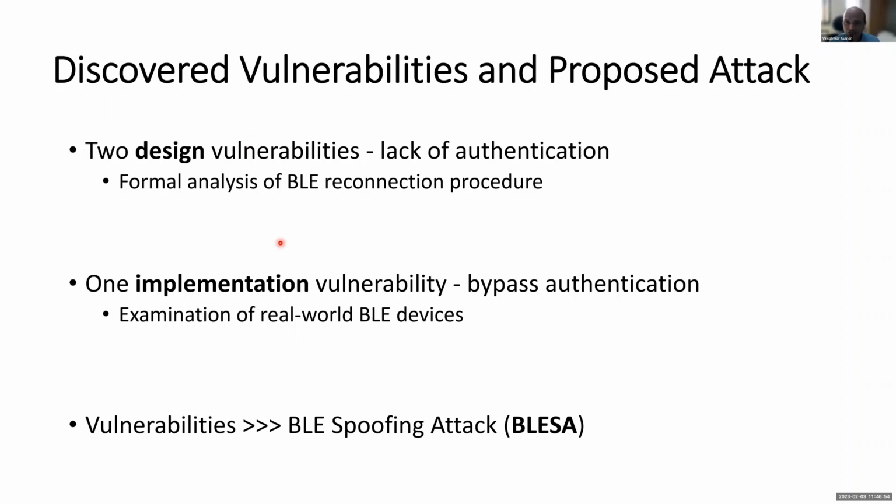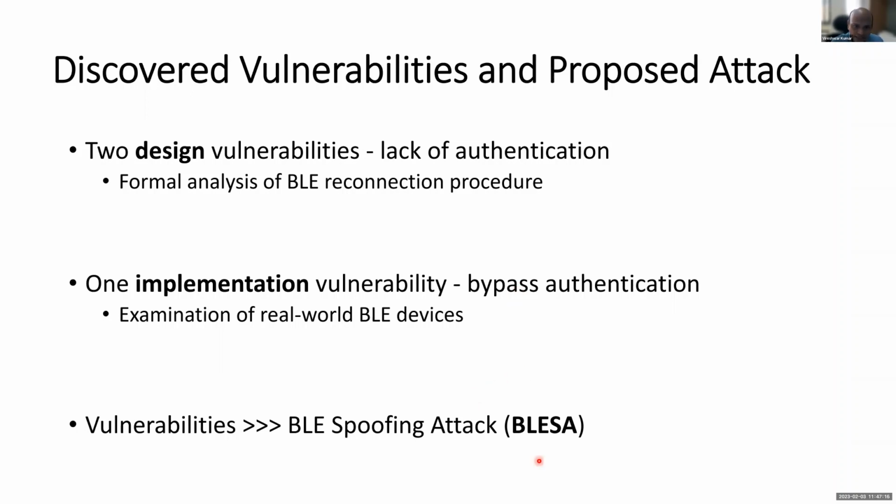So it is a design issue of the protocol. But an implementation vulnerability means that the security protocol is there, but it is not implemented correctly, and therefore the authentication or any other security properties could be bypassed.